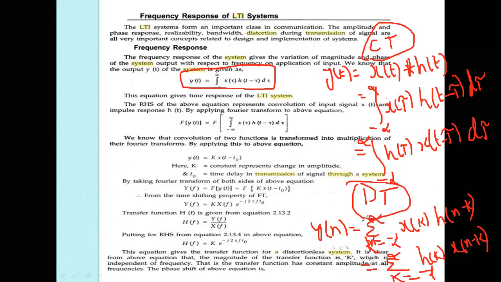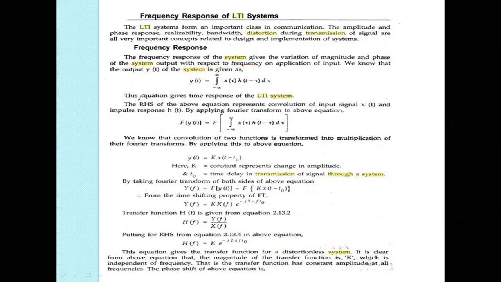For the continuous time function, y of t is the integral from minus infinity to infinity of x of tau h of t minus tau d tau. This equation gives the time response of the linear time invariant system.